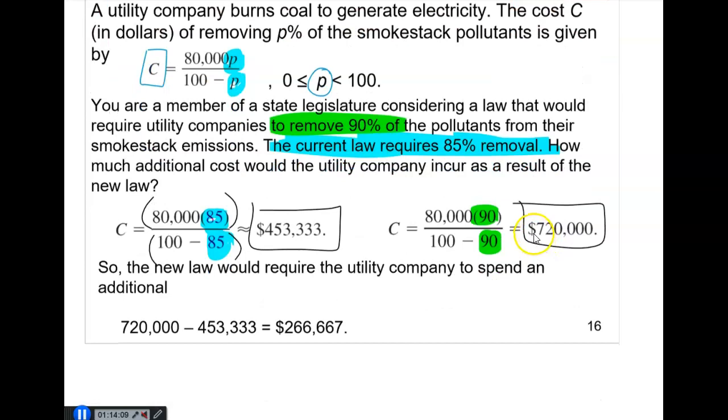So to answer the question, how much additional cost will the utility company incur? This is a problem about getting the difference between the two costs, the one for 85% and the one at 90%. And so that is the difference, and therefore the answer to the question. So this is the end of the video.